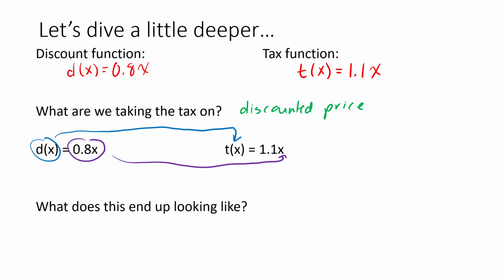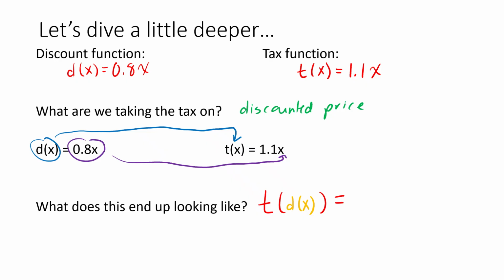So what does this end up looking like? It looks like a t, but instead of plugging in an x, we are going to plug in the discounted price. We're going to bring in the d of x, that discounted price. That's what we're going to be plugging in.